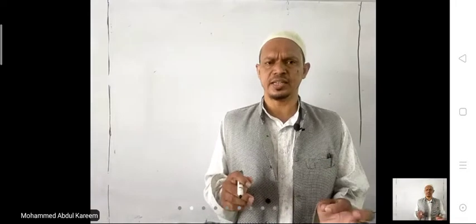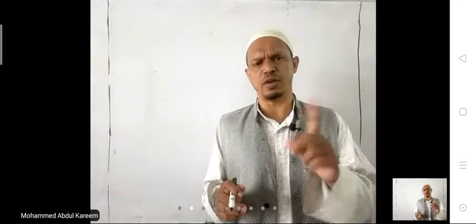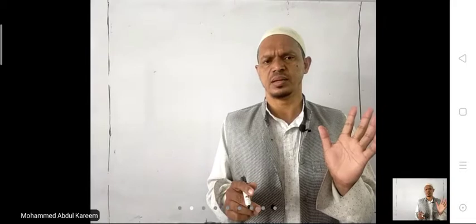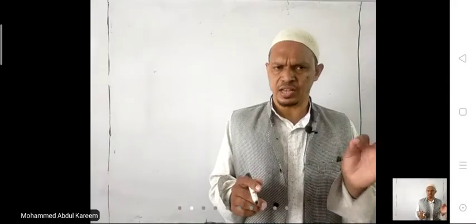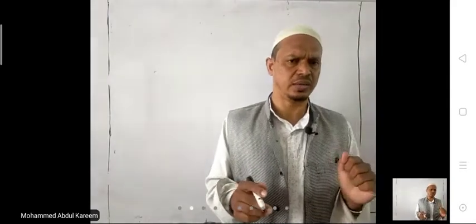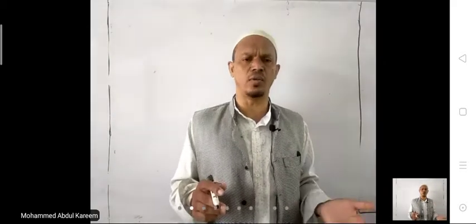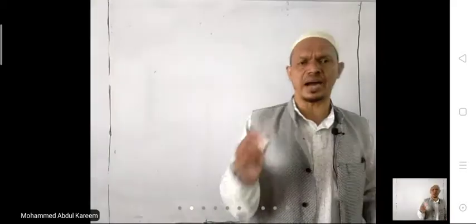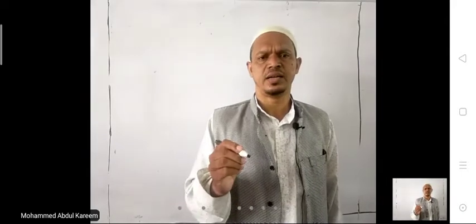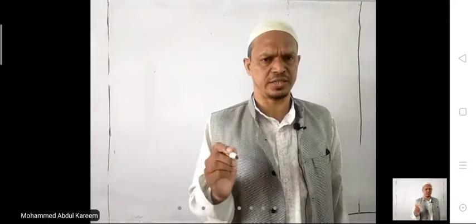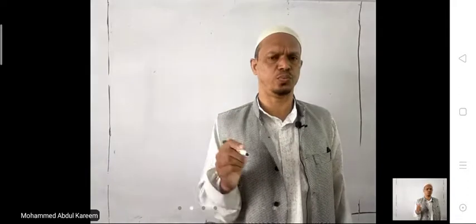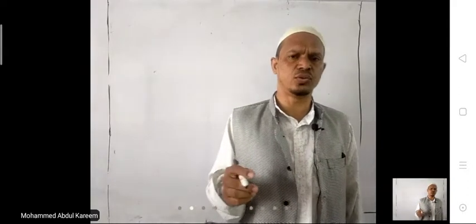Every consonant has to take the burden of one vowel. If a consonant is without a vowel, then it is marked with a jazm. Jazm means sukoon. How do we write the sukoon?